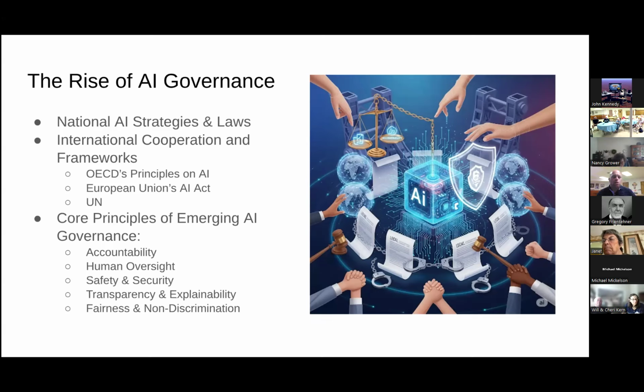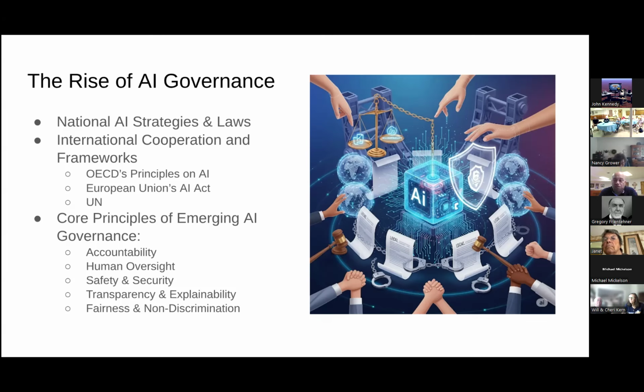So there are increasing global efforts to regulate AI. National AI strategies and laws: many countries are actively developing or have already implemented national AI strategies. And then there's international cooperation and frameworks that are also standing up. For the country ones, several nations are exploring specific laws around AI-driven decision-making, data use, and liability.